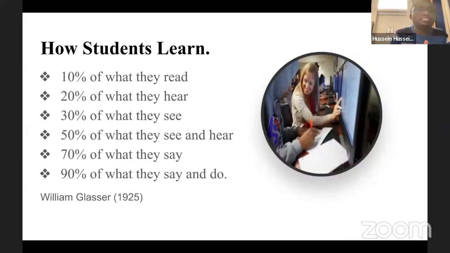Lakini 20% of what they learn through hearing. Lakini 20% ya watoto wanajifunza kwa kutumia kusikia. Yaani mwalimu akiwa anazungumza darasani au mtu yoyote akiwa anazungumza, yeye ana uwezo wa kujifunza. Lakini 30% wanajifunza kwa kuangalia ama kwa kutazama, they are visual learners.